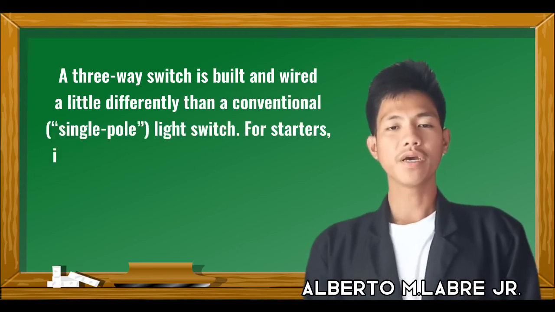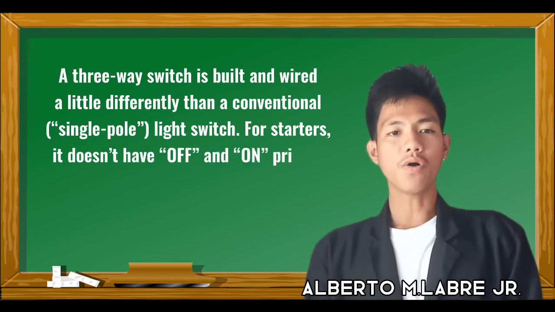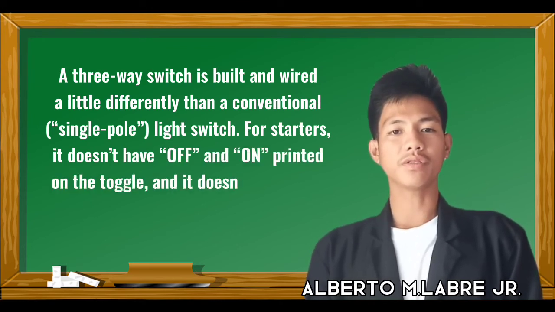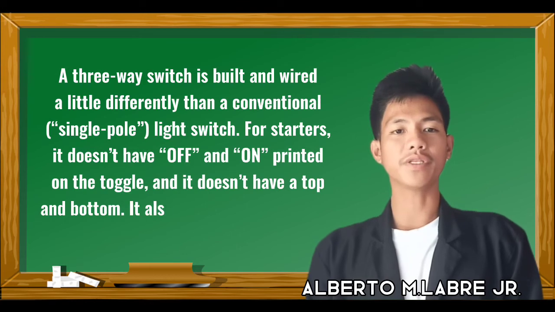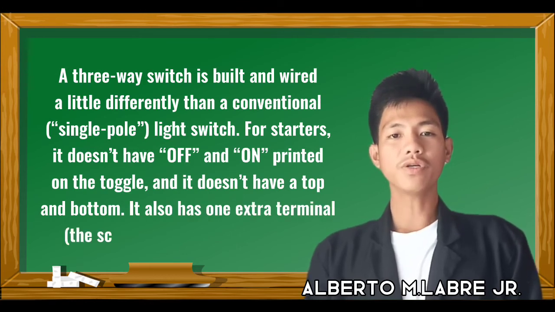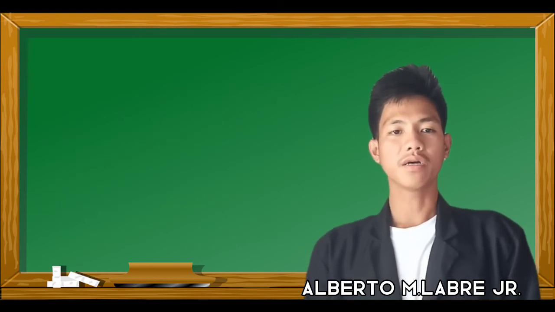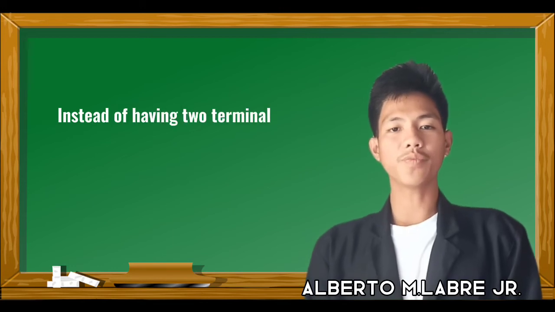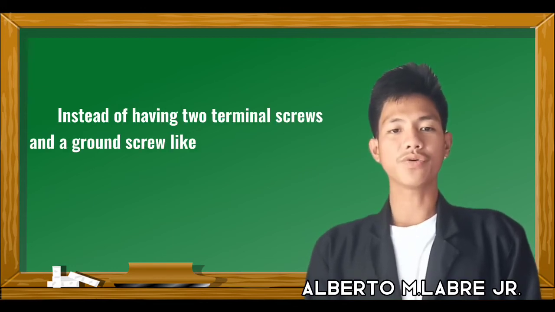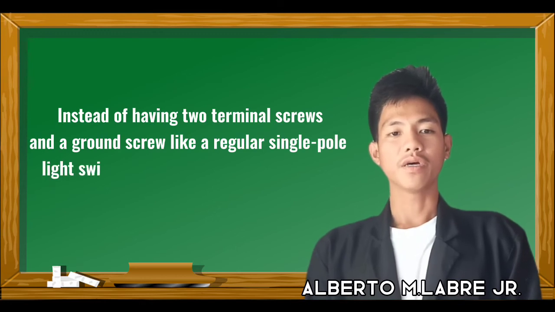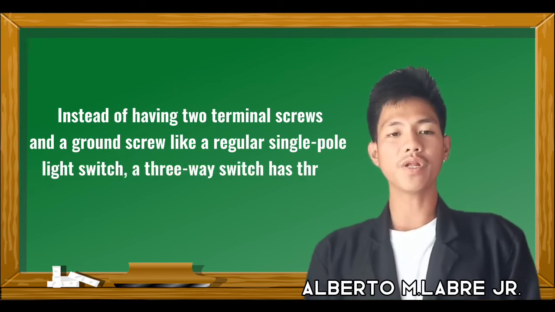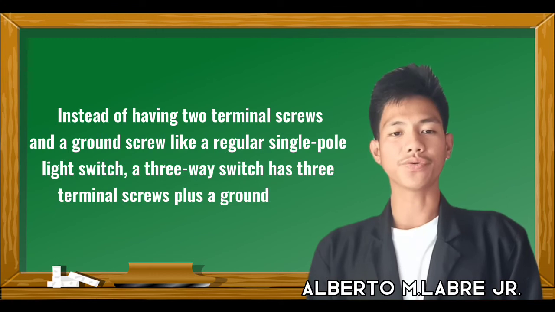For starters, it doesn't have off and on printed on the toggle, and it doesn't have a top and bottom. It also has one extra terminal. Instead of having two terminal screws and a ground screw like a regular single-pole switch, a three-way switch has three terminal screws plus a ground screw.